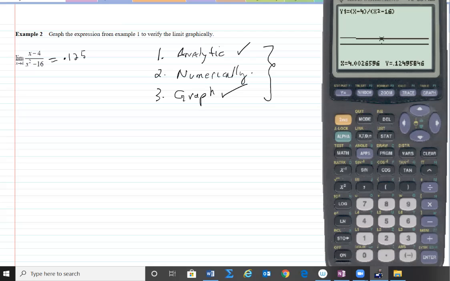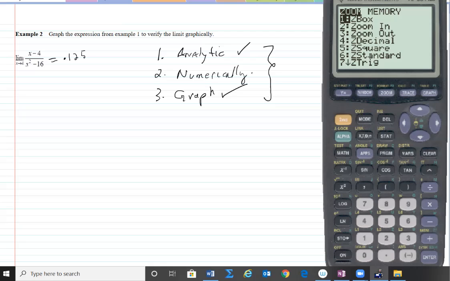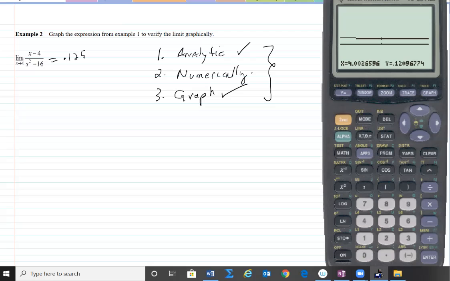If you're still not convinced, you could zoom in again. So I zoom in one more time, enter. And I'll jump to the 4. Oops, I guess I have to trace first.